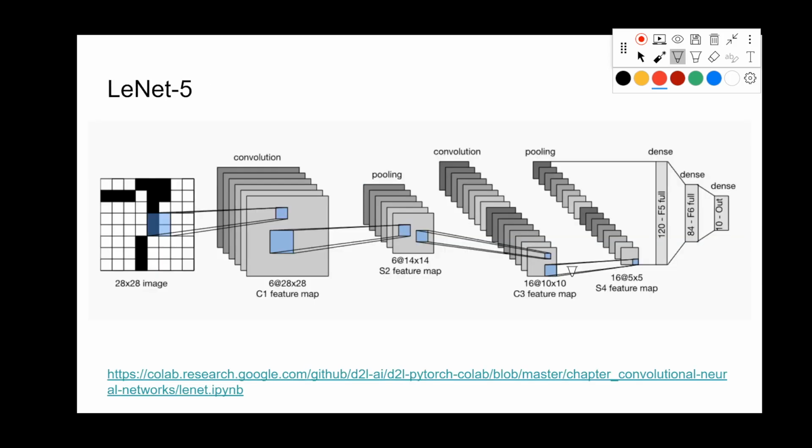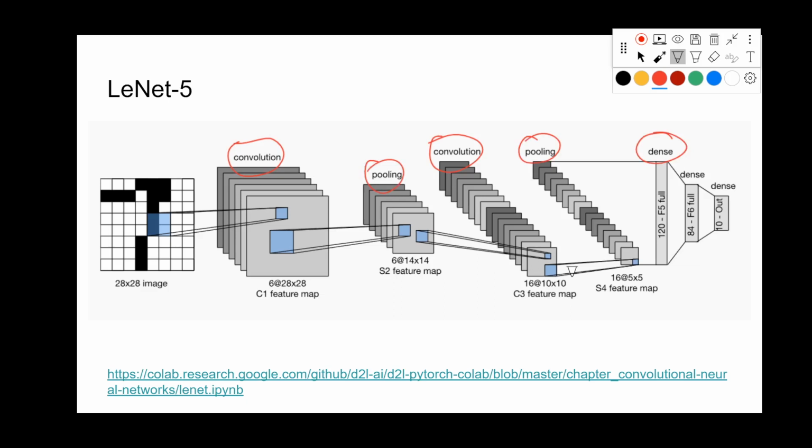Okay, so we have discussed most operations used in a normal convolutional neural network. So let's look at one of the simplest and earliest CNN networks, the LeNet-5. In the LeNet-5, we have 2 convolution layers and 2 pooling layers, then the fully connected layers.